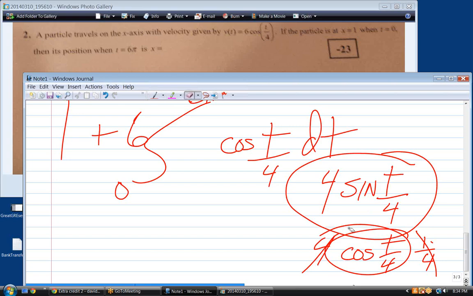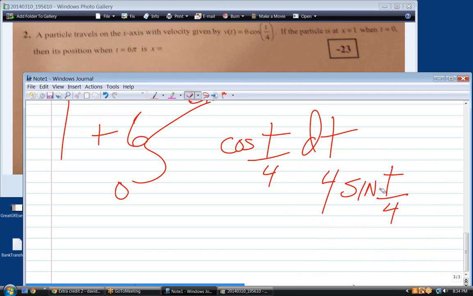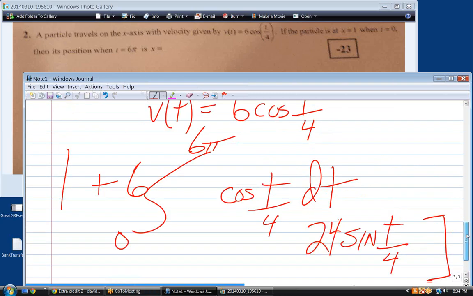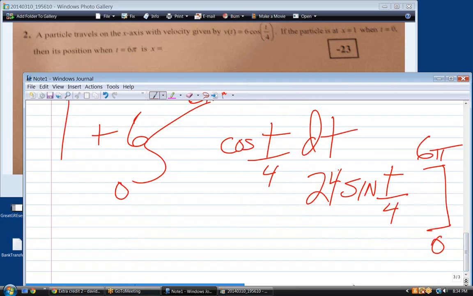Okay? So that's our antiderivative times 6, 24 sine of t over 4, and we're evaluating it from 0 to 6 pi. So 24 times the sine of 3 pi over 2 when I substitute 6 pi for t.